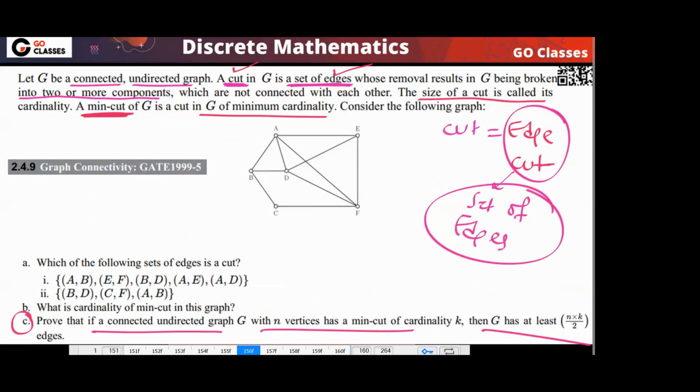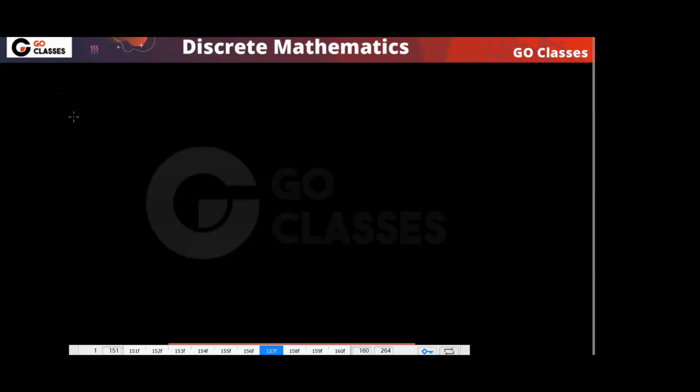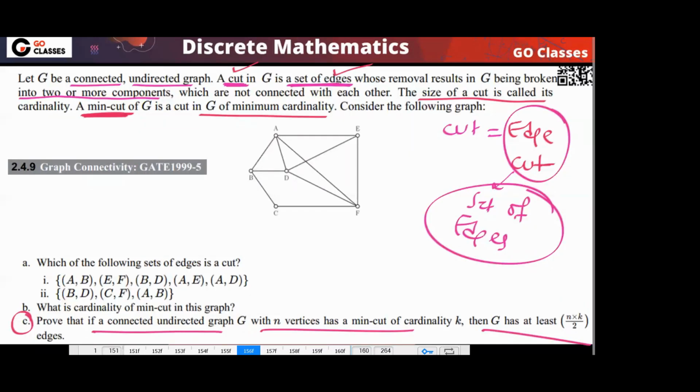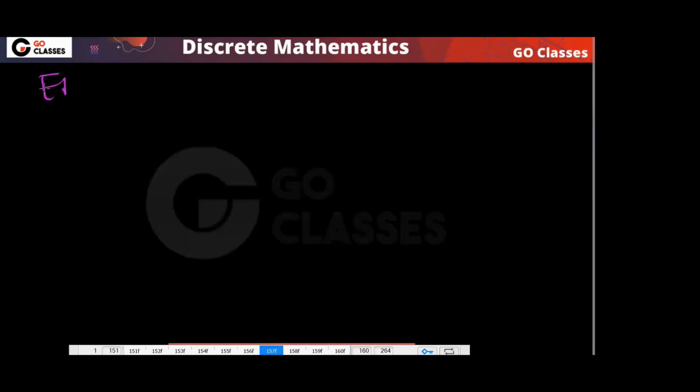Yes, very good, Saurabh, excellent. See, it is already given to you that you have n vertices and the edge connectivity number is k.